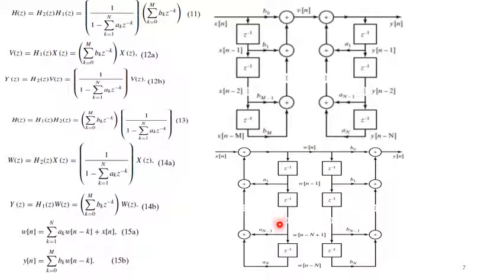Each of the figures has M plus N delay elements. Also, if you note carefully, here we have w[n minus 1], and again here we have w[n minus 1]. Here we are scaling it by a factor of a1, and here by a factor of b1.